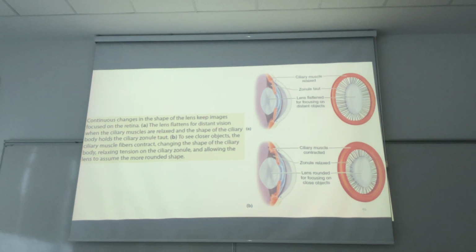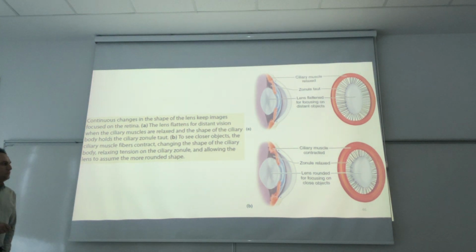With this relaxation, the zonular fibers are distended, and the lens, which is connected with the zonular fibers, is pulled to the equatorial area and the lens goes flat.